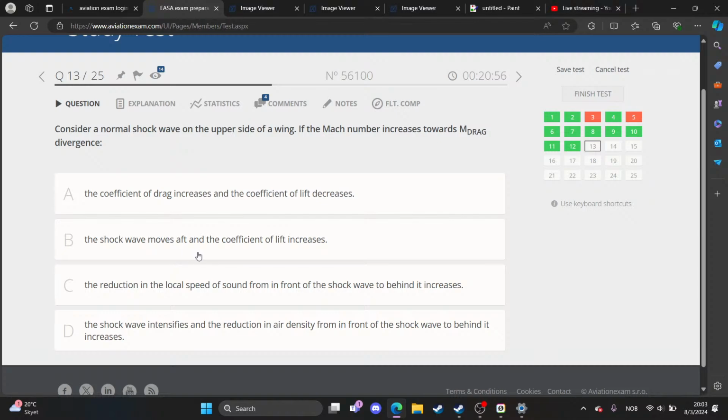The shockwave moves aft and the coefficient of, what happens to the coefficient of lift? First it will increase till you hit Mach critical number, and then it goes down. This one's correct then. What?